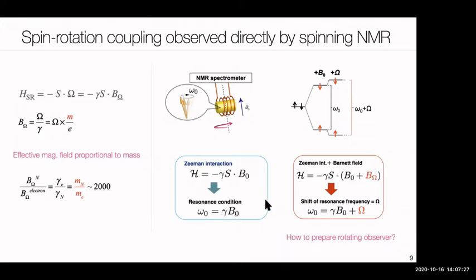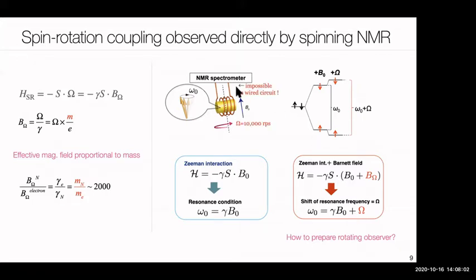But if you use a rotating observer, I mean a spinning NMR spectrometer, then the Zeeman splitting is further split due to the spin rotation coupling. So in such a rotating observer, the NMR frequency condition is shifted due to the spin rotation coupling. But the problem here is how to prepare the rotating observer.